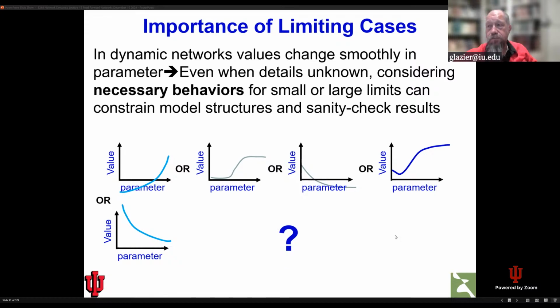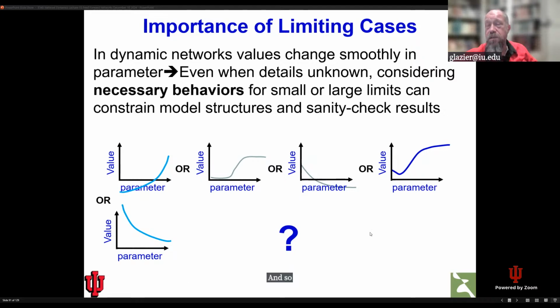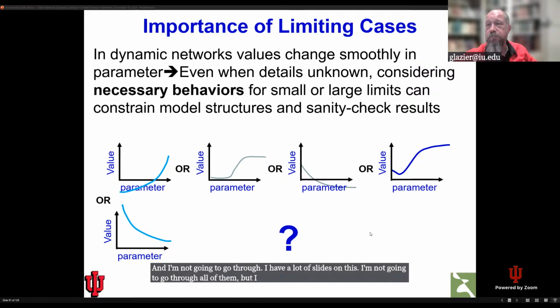We were just seeing that the results from the simulation didn't make sense to us. So limiting cases are really a question of whether we can constrain our models a little bit. I have a lot of slides on this. I'm not going to go through all of them, but I want to talk about them a little bit.